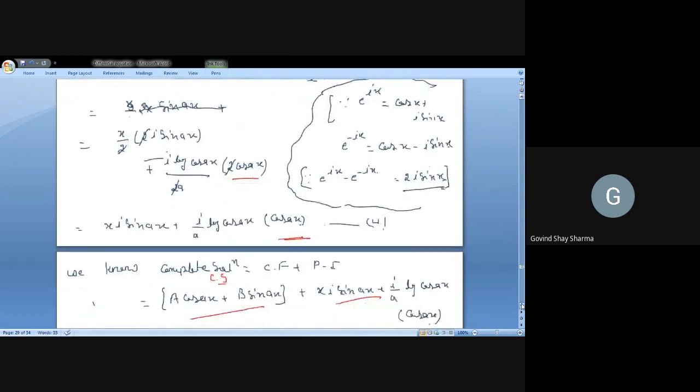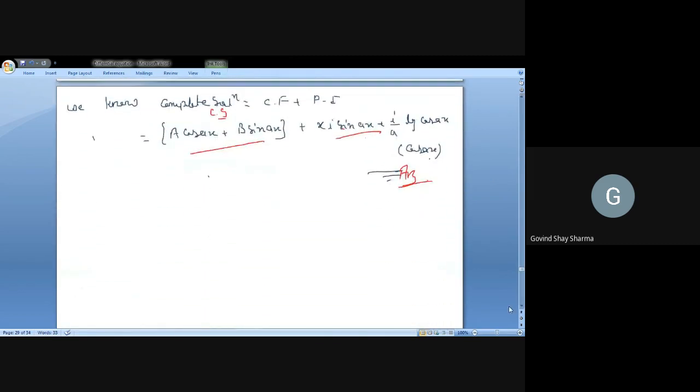Similar changes are there in the exam, like D square plus 4y is equal to sec ax. This is the same question.